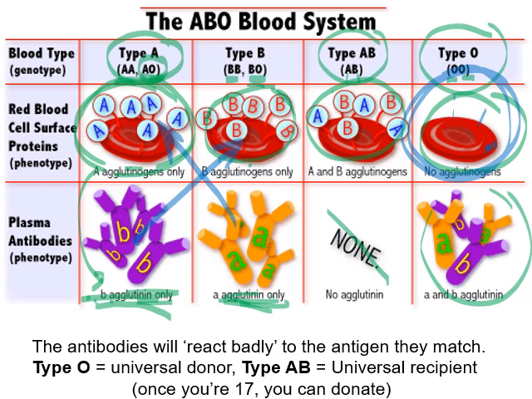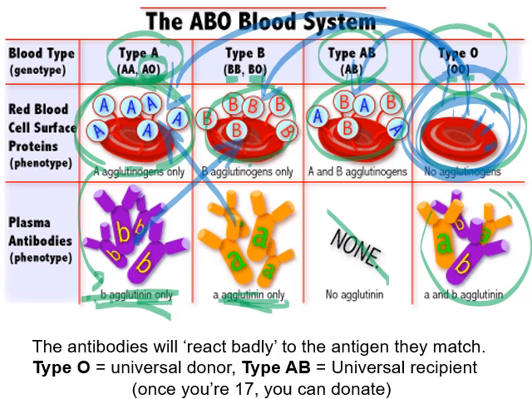You could take your blood and put it into someone of type A blood, or type B blood, or AB blood, because your blood cells have no little proteins on the surface, so no antibodies will interact with it.